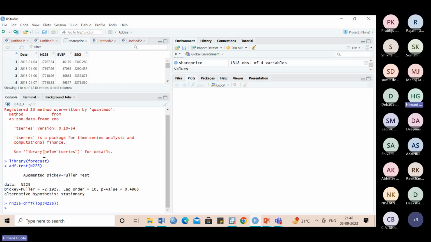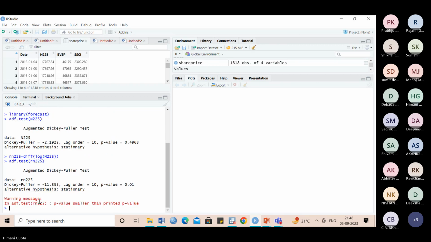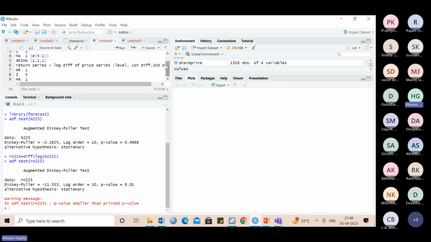Now, if I check ADF.test on Rn225, it becomes stationary. So that means your price series has become stationary at first difference. After taking one difference, it becomes stationary. So that's what I have written over here: if I am taking the price series, integrated will be 1.